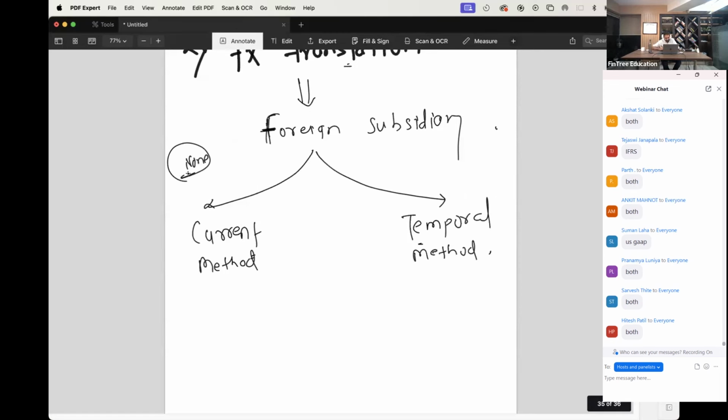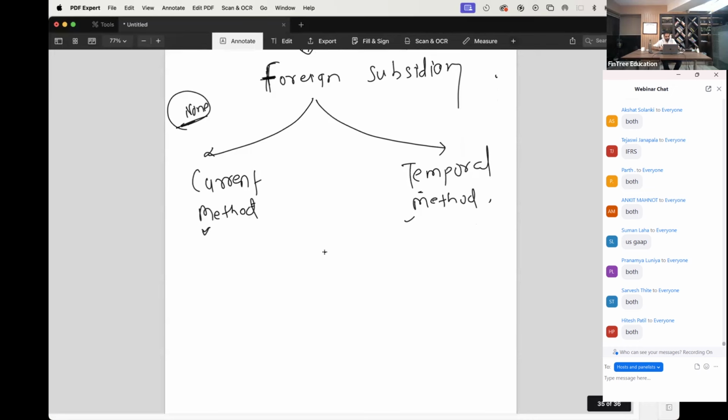Both US GAAP and IFRS do not use the word current method or temporal method. They describe the method. The accounting world calls them current and temporal. This is just normal and it doesn't matter for the exam, just a fun fact to know.